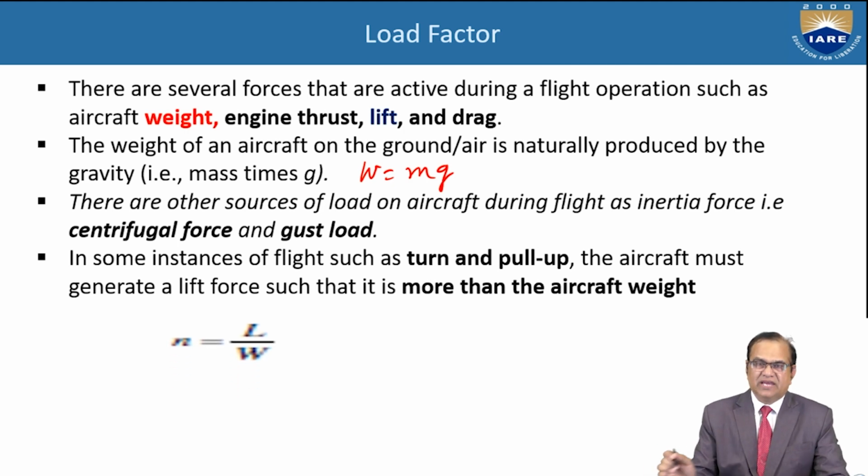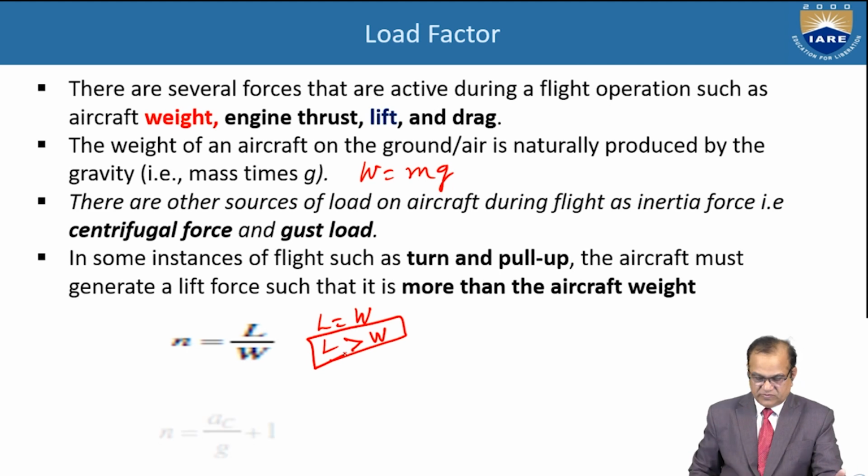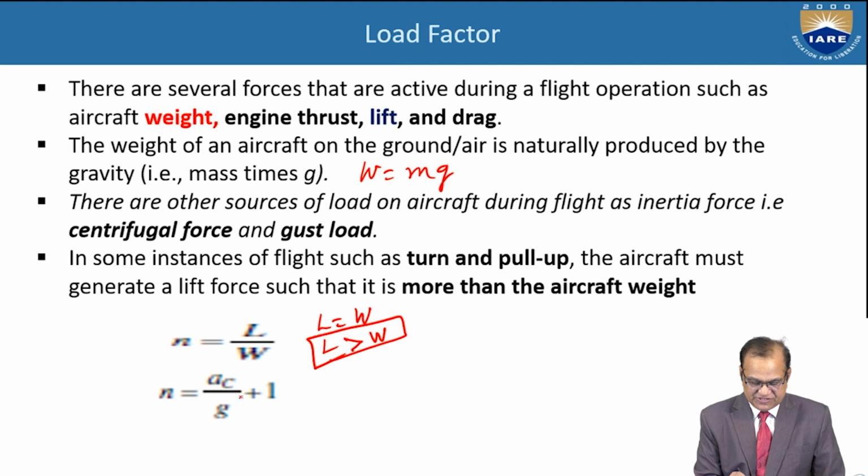So here N is equal to L by W. For steady state flight, L is equal to W, but for other flight, L should always be greater than W. This N we can also write as acceleration divided by g plus 1. N is equal to a_c by g plus 1.